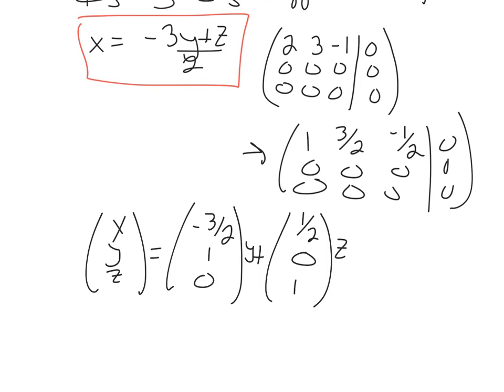But what we really have here is that this particular equation, x equals minus 3/2 y plus 1/2 z, is the same thing as saying any point x, y, z is a linear combination of this vector and this vector.